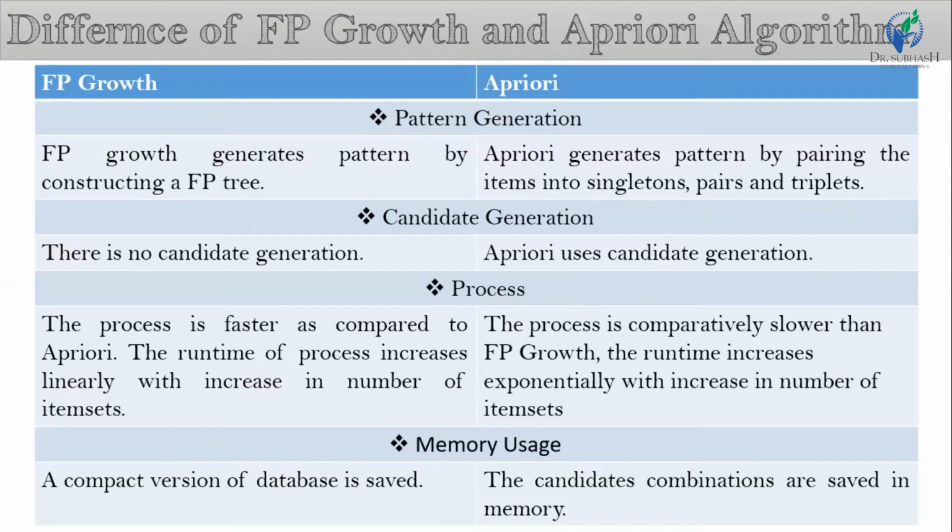Now, the last characteristic is memory usage. In FP growth, the compact version of the database is saved, while in Apriori, the candidate combinations are saved in memory. So the conclusion of FP growth and Apriori algorithm is that the Apriori algorithm is used for mining association rules.